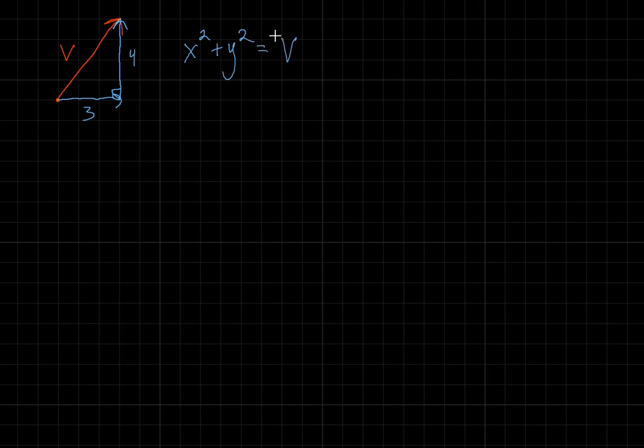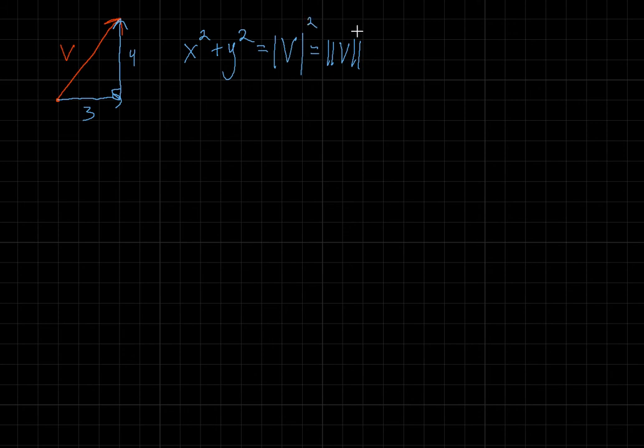Now in math we use the absolute value symbol to represent magnitude. You might also see it represented as the double absolute value, or a couple other things as you go through. But if you see the absolute value of v, and v is a vector, you know you're looking for the magnitude.